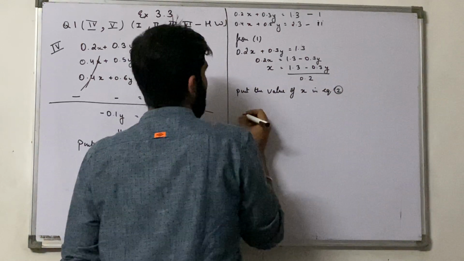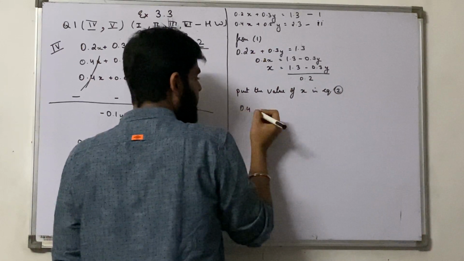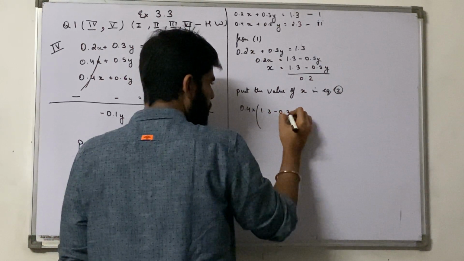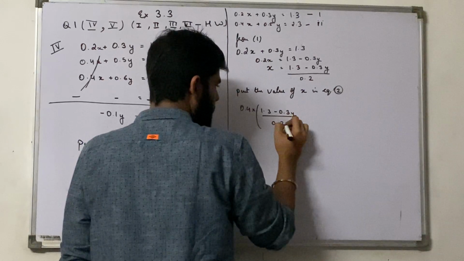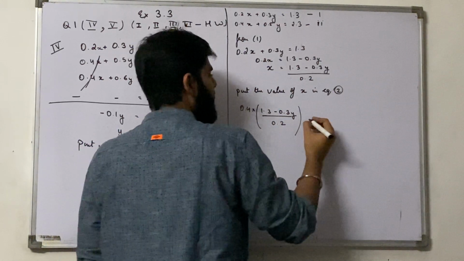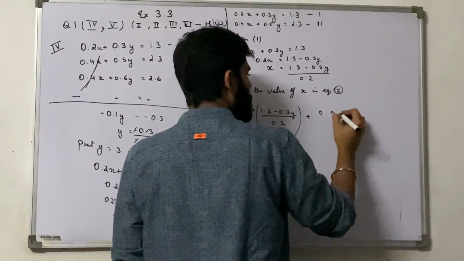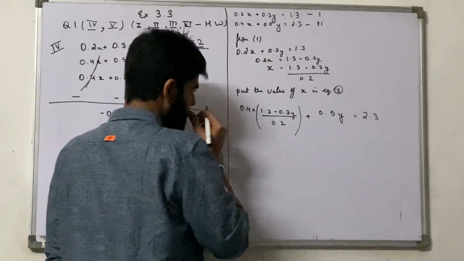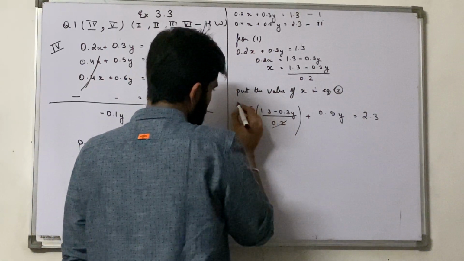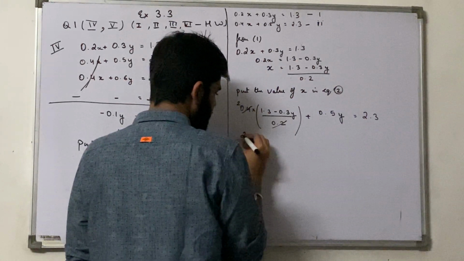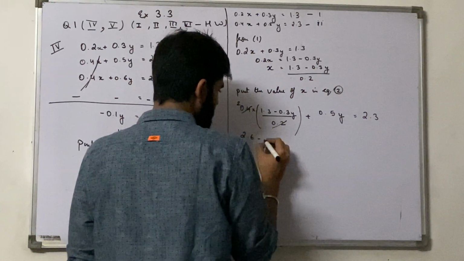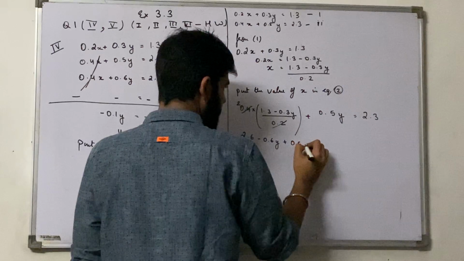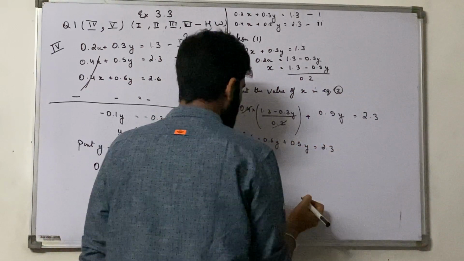Okay, this comes out to be 0.4 into the value of x, that is (1.3 minus 0.3y) divided by 0.2, plus 0.5y is equal to 2.3. So we will multiply it by 2, that comes out to be 2.6 minus 0.6y plus 0.5y is equal to 2.3.